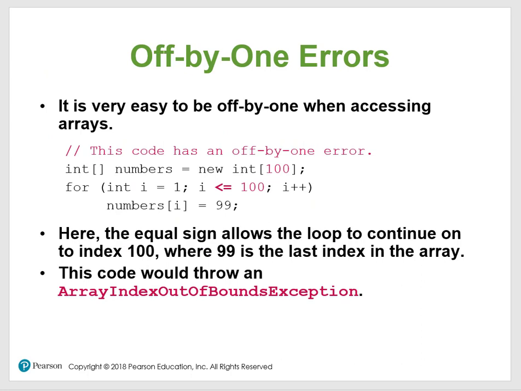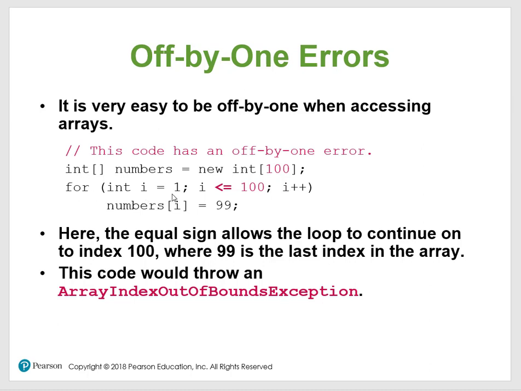Let me also talk to you about what's called an off by one error. It's very easy to be off by one when you're accessing an array. When you look at this array with the number 100, meaning it starts from 0 and goes to 99, all right. However, look at this process loop right here.